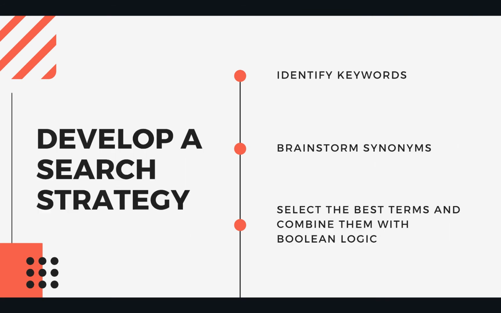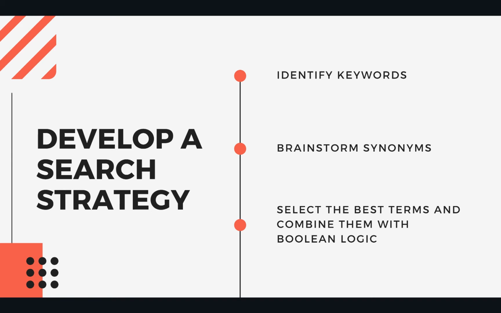For the next part of the presentation, I'm going to show you how to develop a search strategy for when you begin research. First, you will need to identify keywords. Keywords are important single words and phrases for your topic. You will use keywords to enter in the databases to retrieve articles. After you have identified keywords, you will then need to brainstorm possible synonyms, because not every author will use the exact same words.